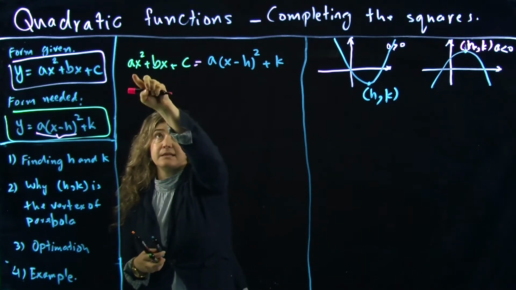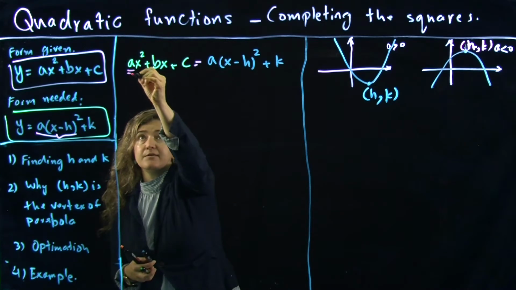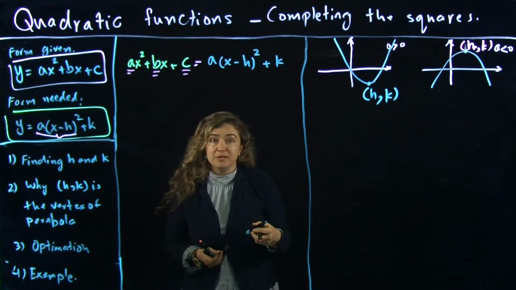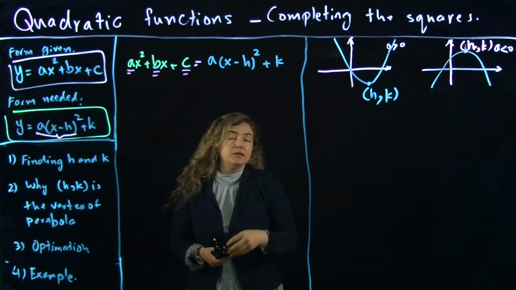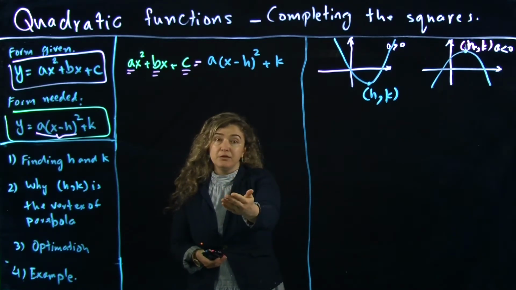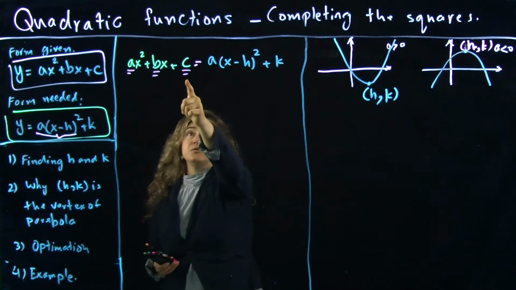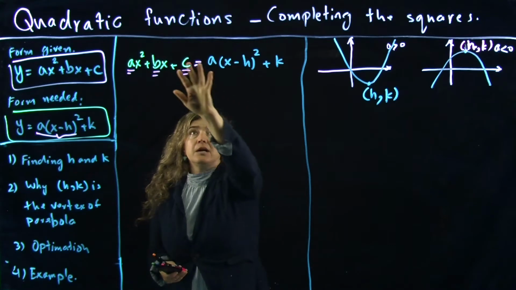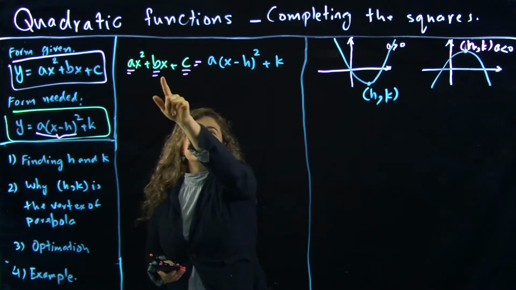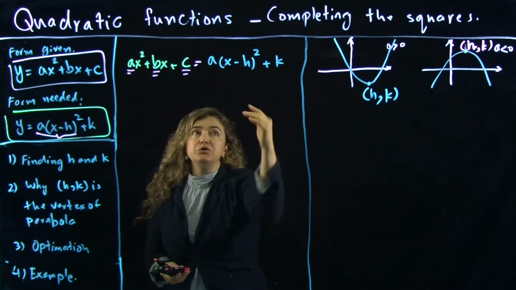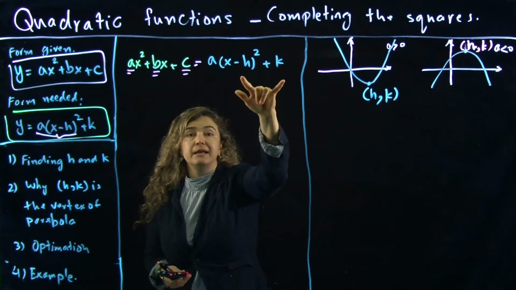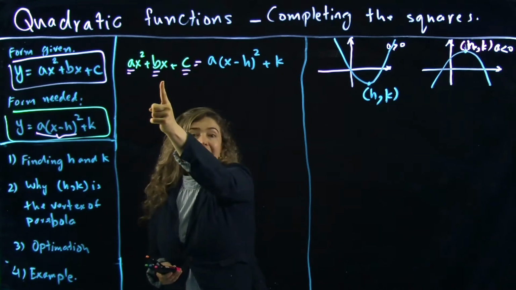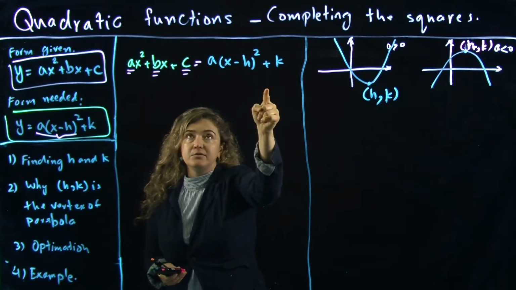These values are given. Even though right now I'm using parameters, in the problems that you're going to encounter, these values are given as real numbers. Now, how do I figure this out? They don't look the same, so what I do is convert the format that I want into the format that I have, instead of going the other direction.